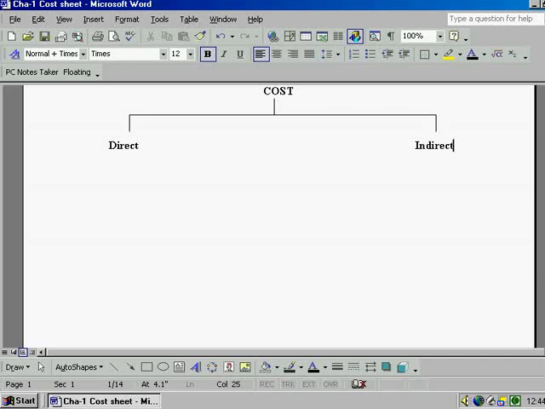I have given examples of materials, which can be direct or indirect. Then salaries and wages, if they are paid to factory workers for production work, are direct. If they are paid to workers who are not involved in the production process, then it would amount to an indirect cost. Is that okay?